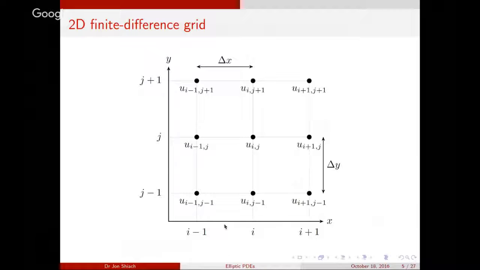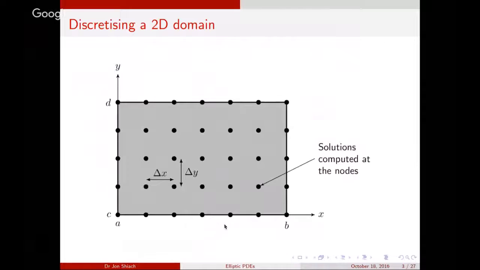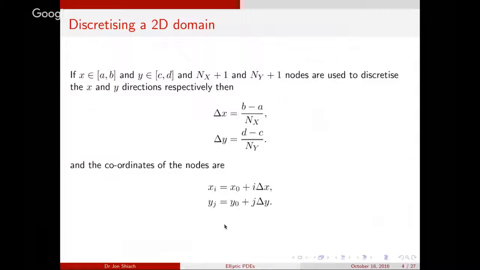If I go back a slide, you can see the x domain starts at a and ends at b. So in the x direction, the distance between the nodes is just b minus a divided by the number of nodes. In this case, I say nx plus 1, because you've always got that plus 1 when you're at each end.